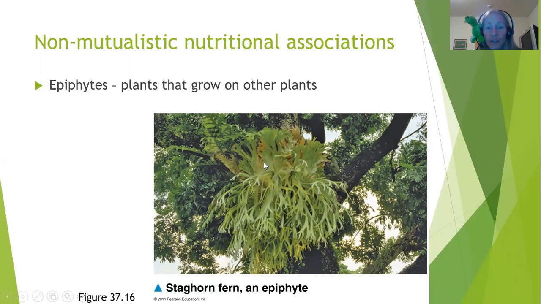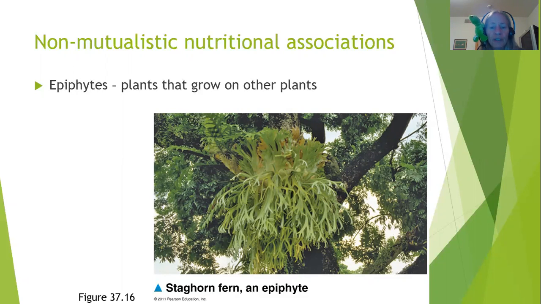It's beneficial to the fern plant, that is, it's beneficial to the epiphyte because the epiphyte doesn't have to spend the energy to make a great big trunk, but it gets to live up at a high level and gets exposure to sunlight that plants down on the bottom of the forest would not get.